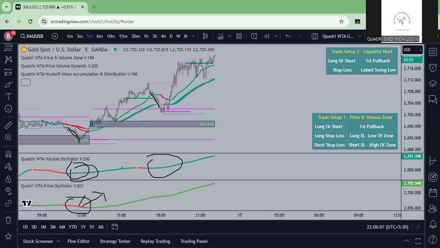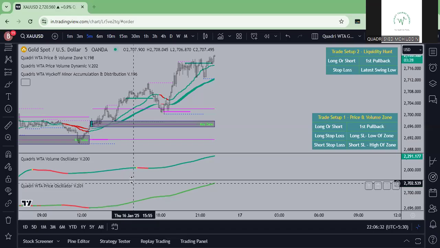And if there is a price rise with volume, then this would be green. Like you can see here, it is green, but here it is red. That means there is low volume activity over here, but still the prices are about to go upwards, and that is the reason we are seeing this kind of higher move. So it is simple. This is how versions 200 and 201 will work.